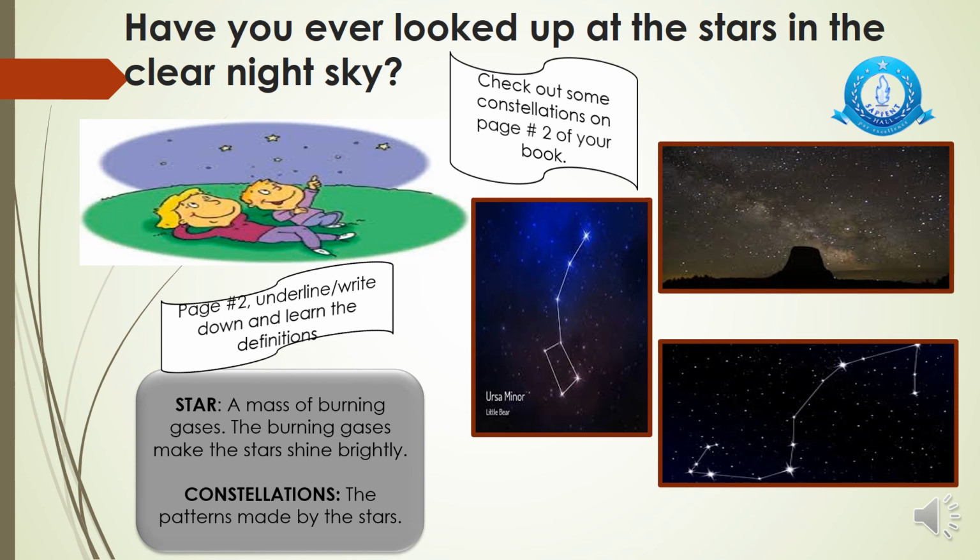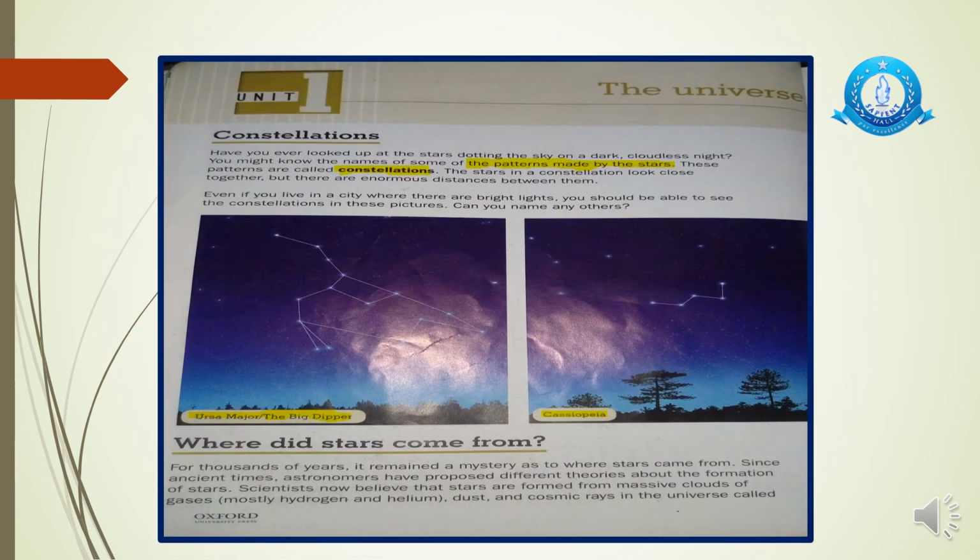Now we will underline and write down important things on page number 2, right? I'll guide you in the next slide. You also have to read the topic constellations, which is on page number 2, only the topic constellations, right? Here is page number 2 of your book. You are already done with date and day.